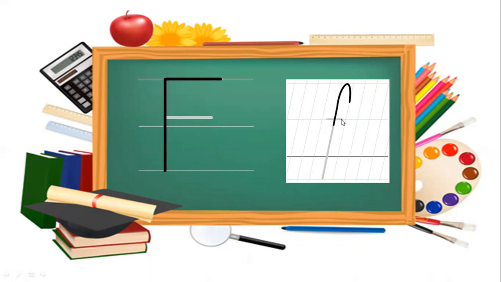Then draw a small sleeping line in the middle. Then it will form like a capital letter F. Understood? This is the small letter F.